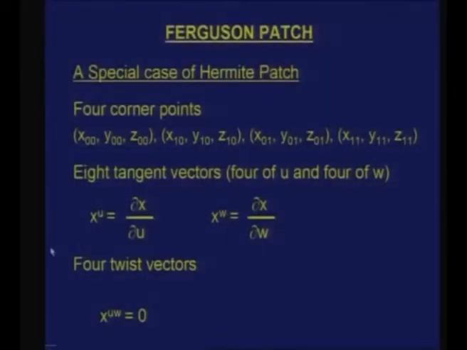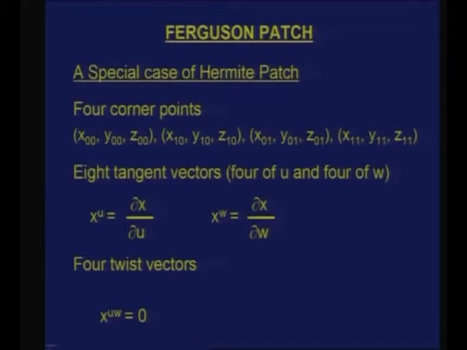If I put the twist vectors as 0 and keep all the other inputs the same, then this gives you a Ferguson patch. So, the definition which we had for the bicubic Hermite patch is valid here too. All that changes is that the input which you are giving has been reduced.